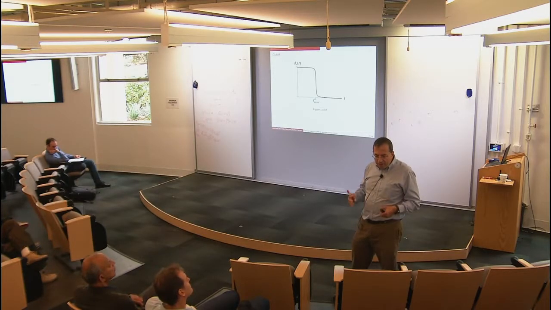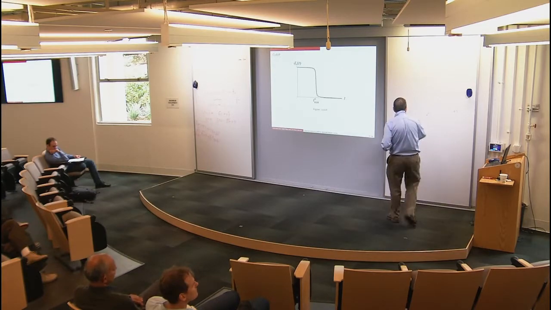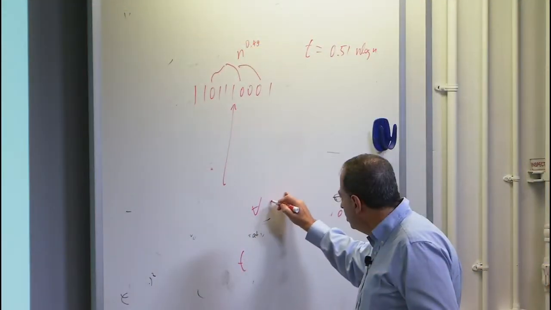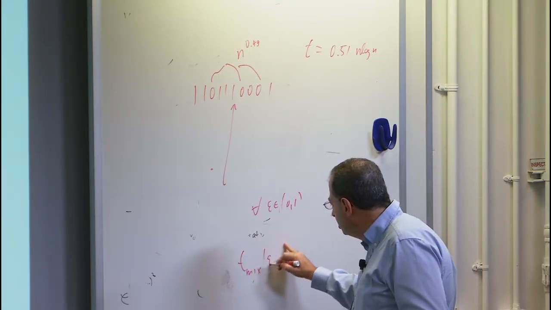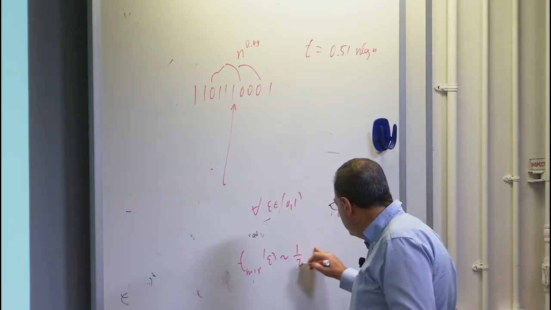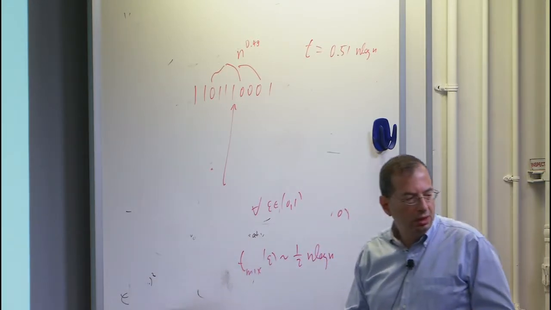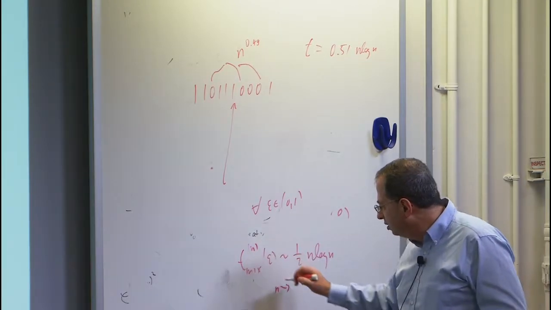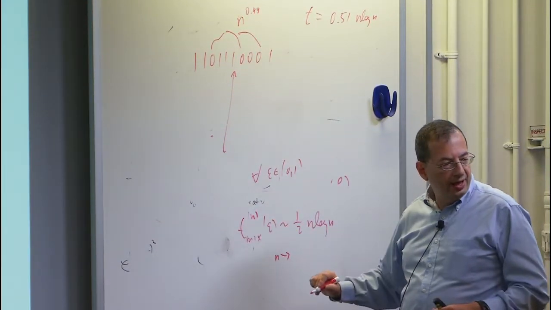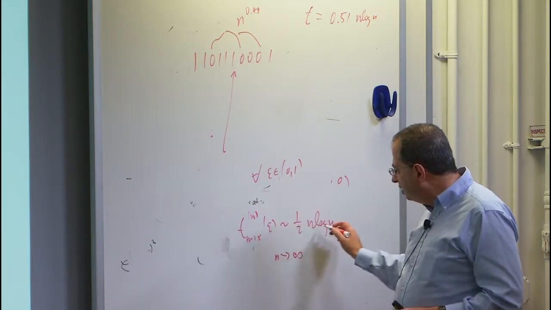So here's what happens on the hypercube: for any epsilon in (0, 1), T mix of epsilon is asymptotic to half n log n as n tends to infinity. This is on the n-dimensional hypercube, and this doesn't depend on epsilon.